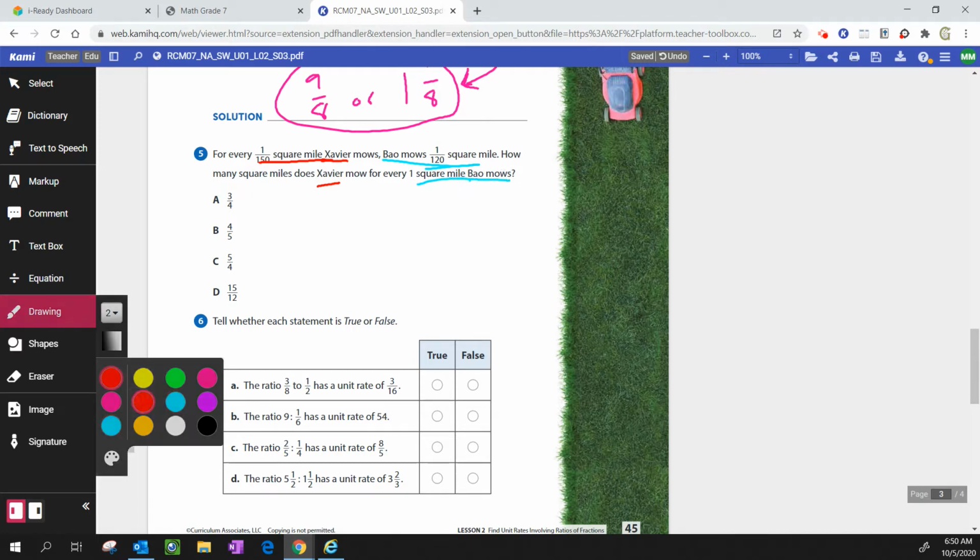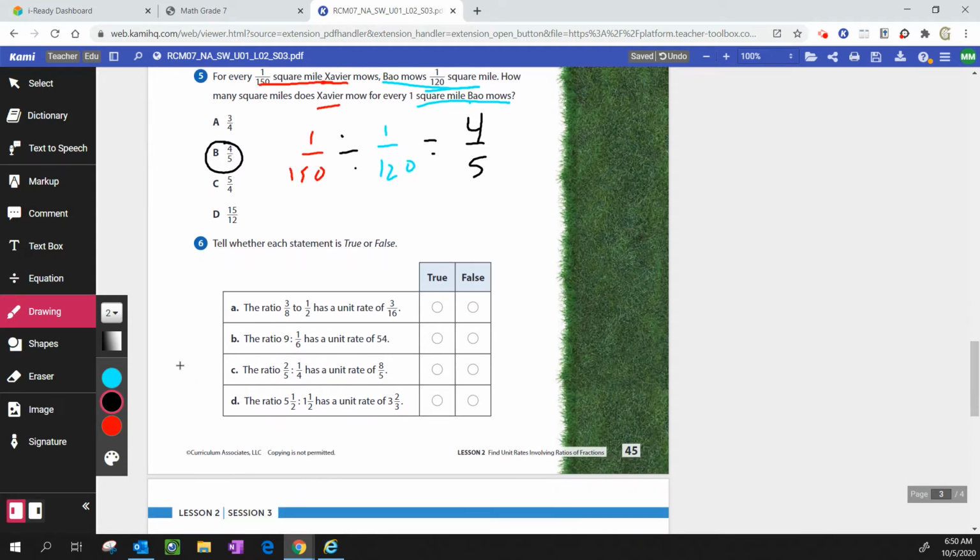So I'm going to do the Xavier divided by the Bao. And I get a final answer of 4/5. So you should have picked B.